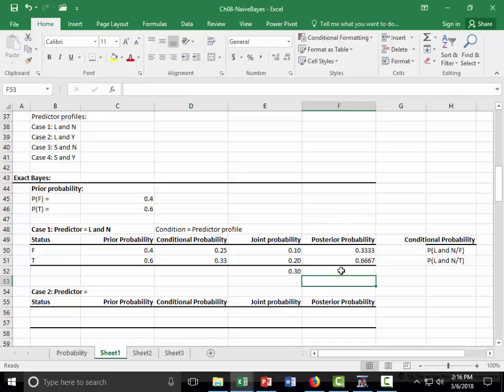Then you classify that particular predictor profile as truthful with 50% as the threshold point. This is how you use the exact Bayes methodology for classification.